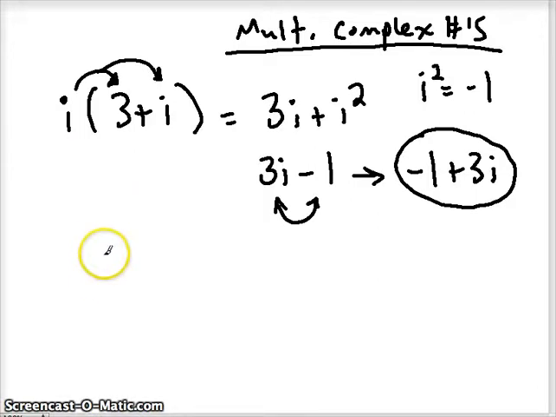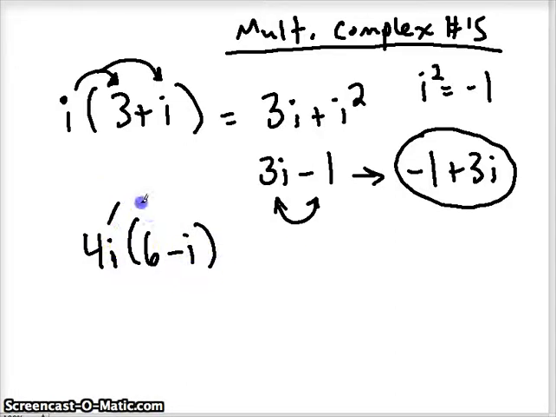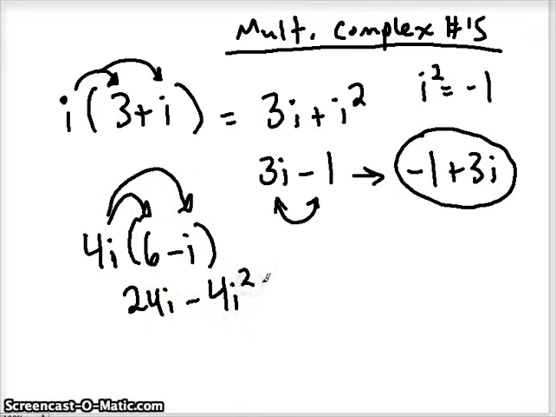Alright, I think we got enough room on here. We could do another one similar here. Let's just add a coefficient to that i at the beginning there and see what happens. So 4i times 6 gives us 24i, and then 4i times negative 1 gives us negative 4i squared.